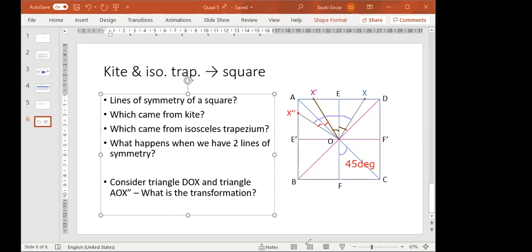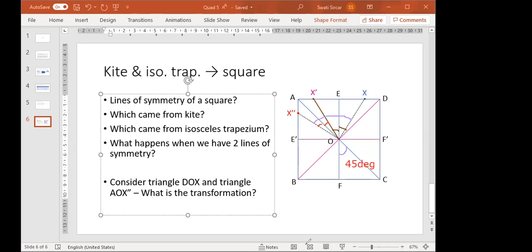Okay. So when you reflect twice on intersecting lines, you get a rotation, and the angle of rotation is linked to the angle between the two intersecting lines.